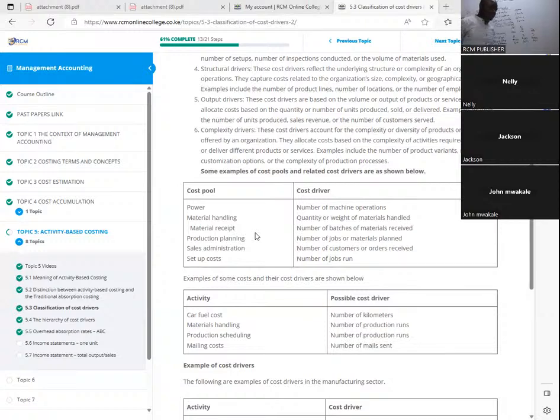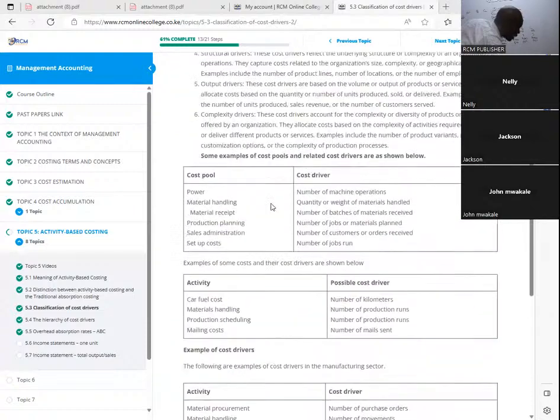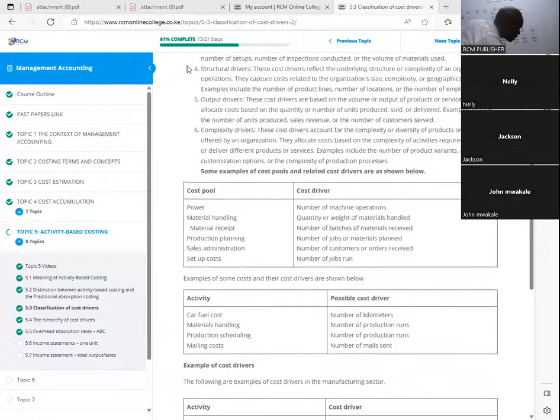Those who were in my class last week, those who have been able even to see these notes here, can now relate. Those who are in this meeting can now tell me the best cost driver that you are going to apply. What will be our cost driver here? I want to distribute rent and rates to department A, B, and C. They are now the production departments.